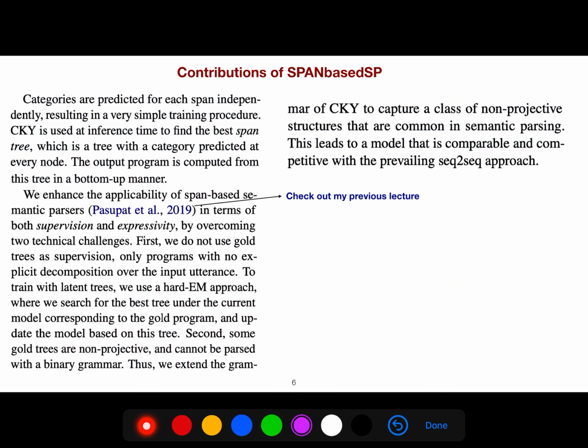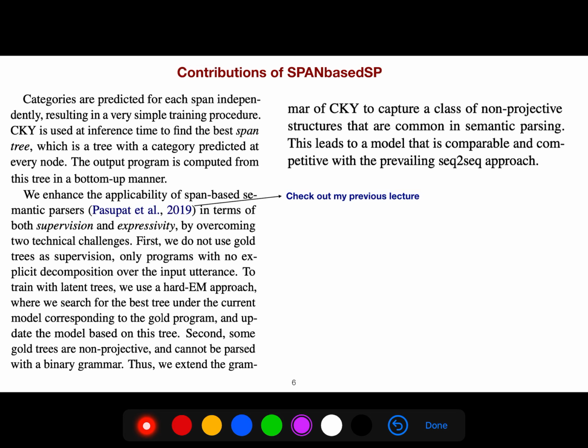So the contributions are like this. First, categories are predicted for each span independently. In the last lecture, we assumed that we are using the max margin, and that you can use CKY in each step of the training.